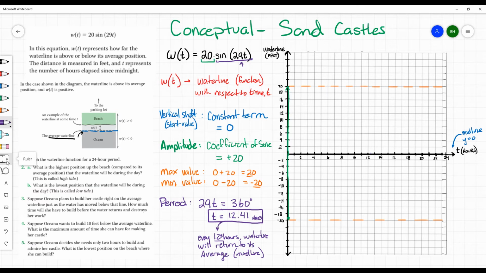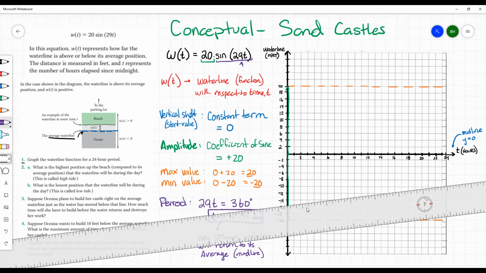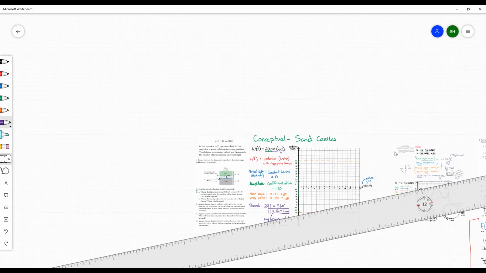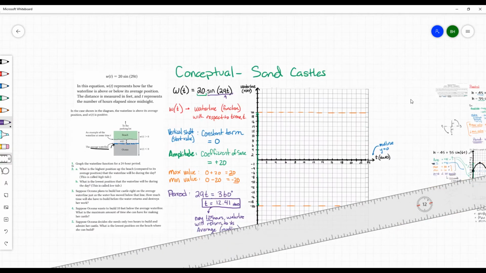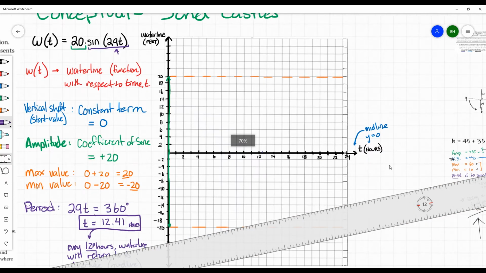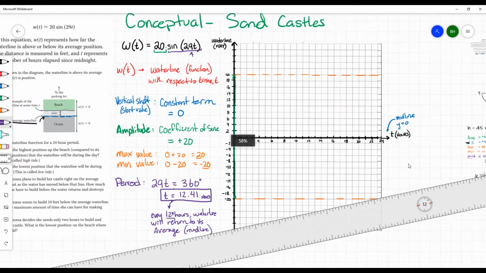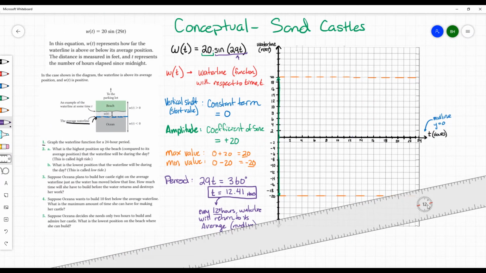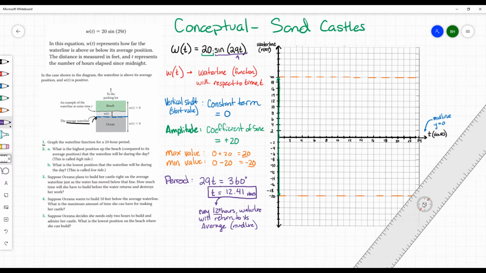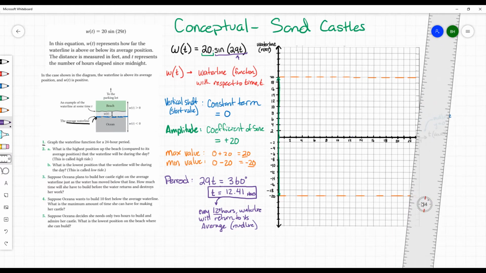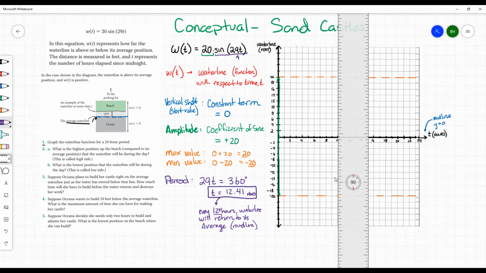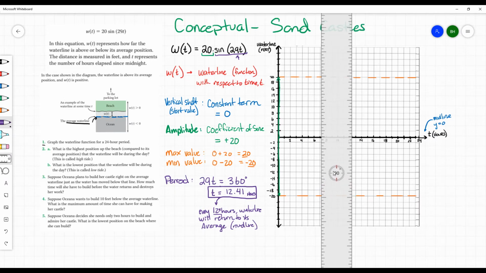All right. So what I like to do is when I'm making one of these graphs, I really like to make sure that I break apart the different sections of the graph to make sure that I am appropriately spacing out my values for the maximum, the minimum, the return point, as we call it in class, as well as the midpoint.